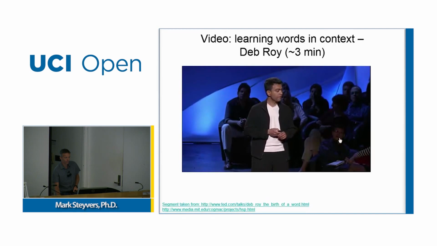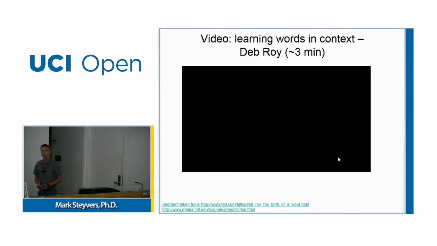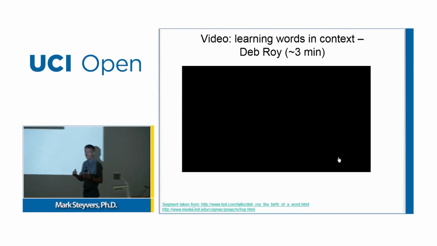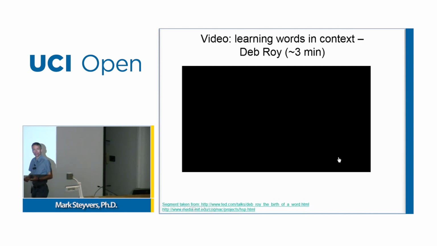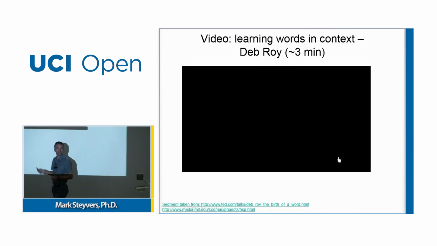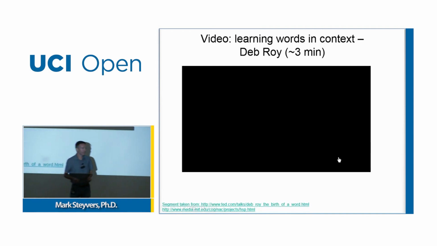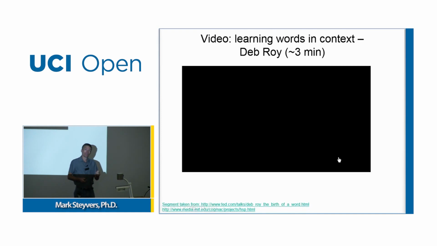In my lab, this is where the field will go to. It's like this enormously data-intense way of doing research. And honestly, I'm not sure what new thing he actually learned based on this expensive setup. So he learned that the word water was learned in the context of water in the kitchen.